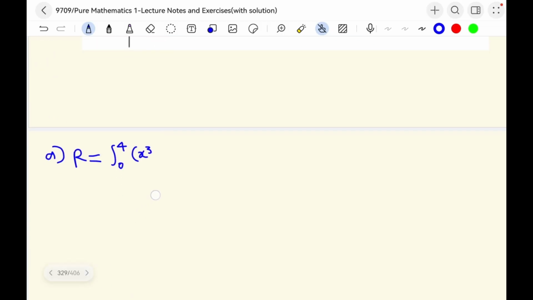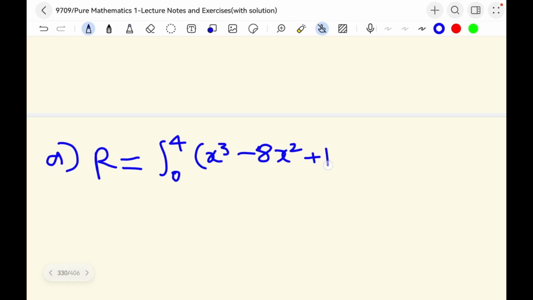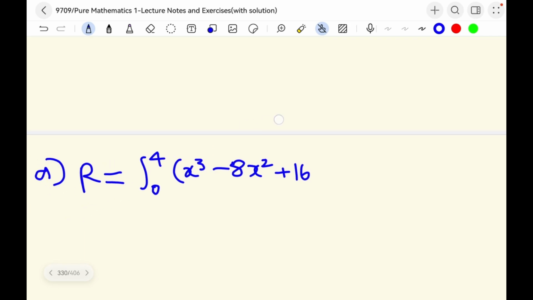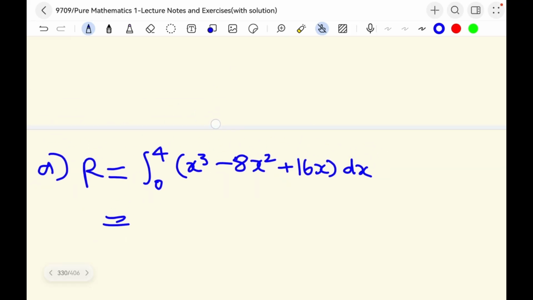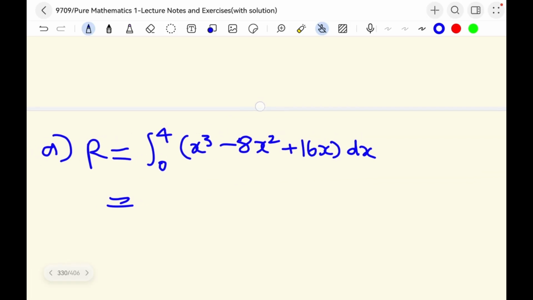The integrand is the original function. For AS level, you don't have to worry about integrating other functions than algebraic or polynomial functions. In your AS examinations, you are going to learn how to integrate polynomial functions only, because the advanced ones you will learn in your next phase.